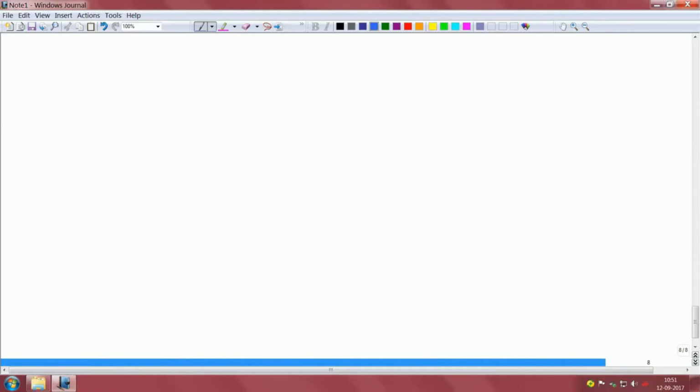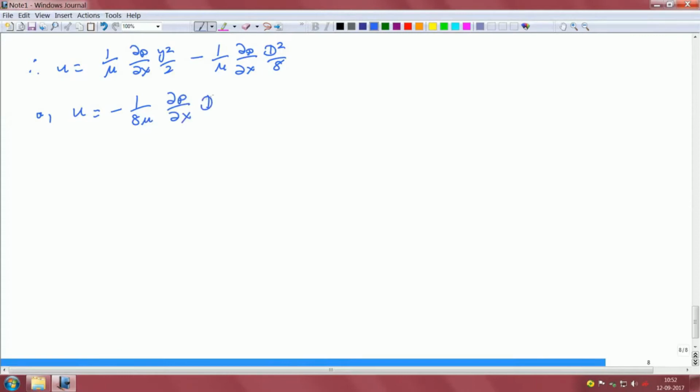Now your total u therefore becomes (1/mu)(dp/dx) y square by 2 minus (1/mu)(dp/dx) d square by 8, or u is equal to minus 1 over 8 mu dp by dx d square (1 minus (y by d by 2) square).